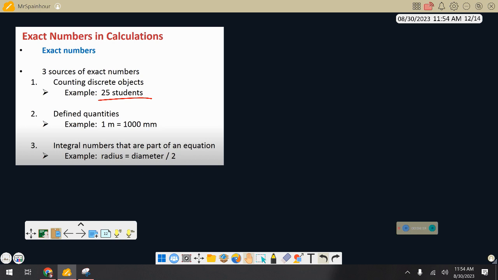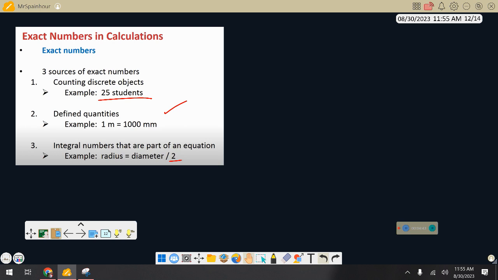It has an infinite number of decimals behind it. Second, defined quantities like conversions have infinite sig figs. Even though I don't have any decimals here, it's exactly 1,000 millimeters in 1 meter by definition. And finally, integral numbers that are part of an equation. There's exactly 1/2 of a diameter in a radius, so that too is never going to limit you.